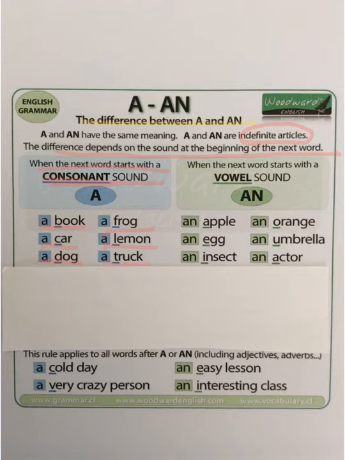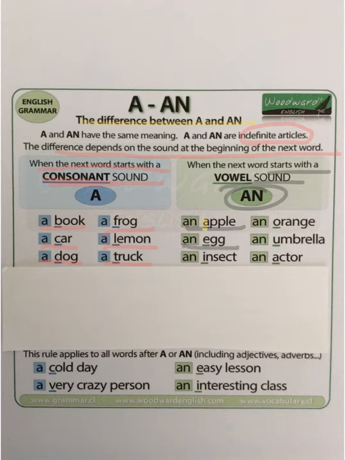And then when our word starts with a vowel sound, then we're going to use an apple. And I can see right here, A is a vowel. An egg.